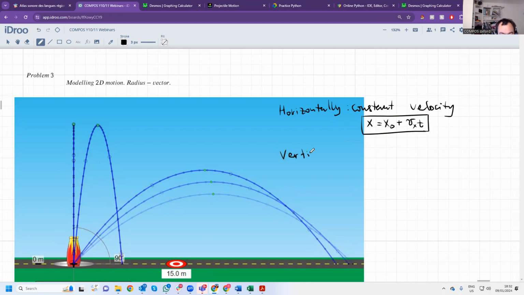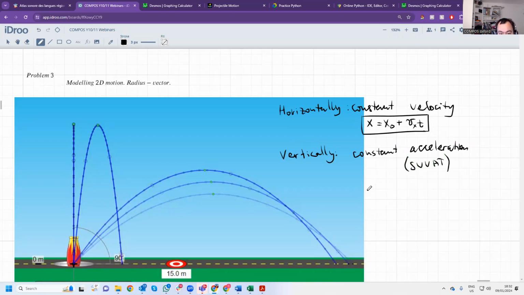Vertically, we have a constant acceleration. In other words, it's suvat.